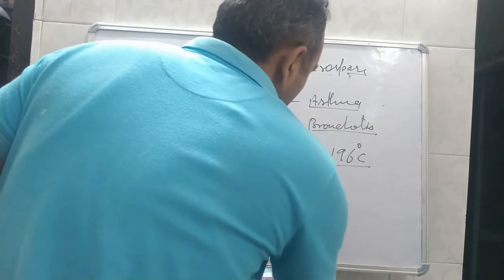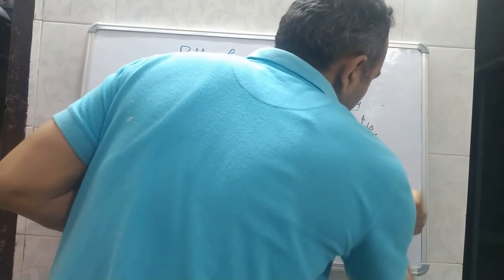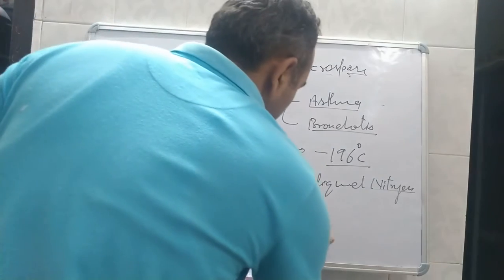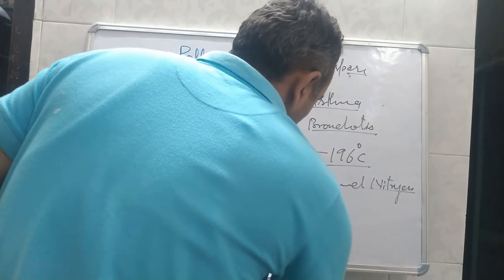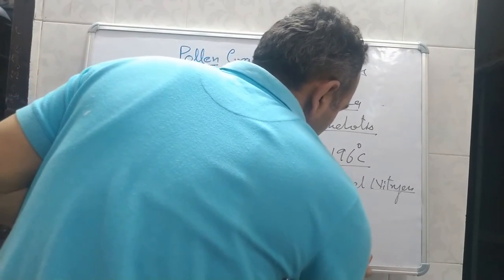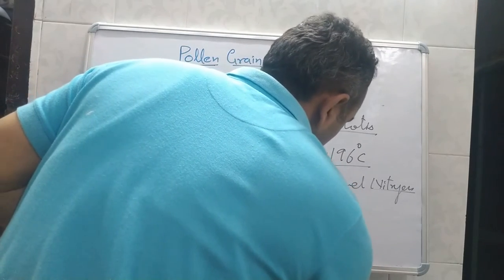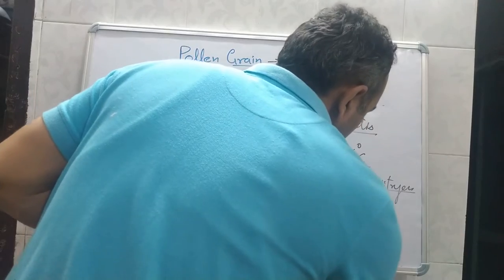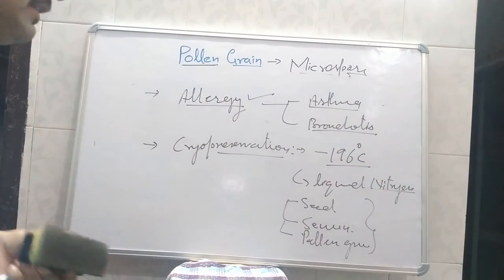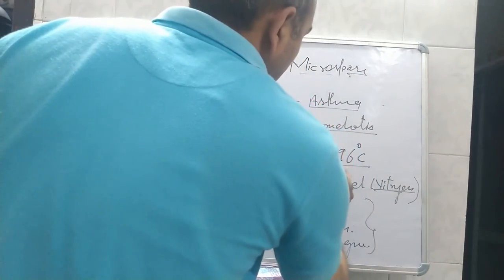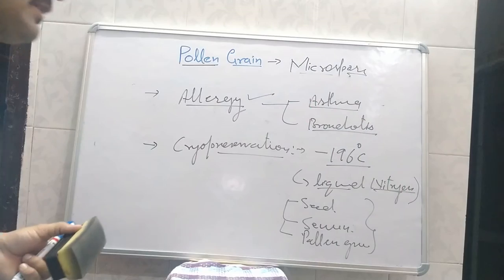That is the temperature of liquid nitrogen. If we want to store the seed or semen or these pollen grains or any kind of germplasm, then these are stored at a very low temperature, which is the temperature of liquid nitrogen at -196 degree centigrade.